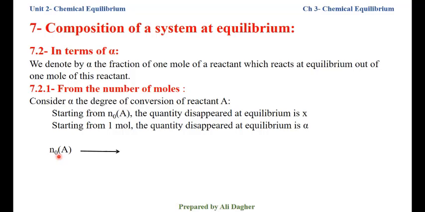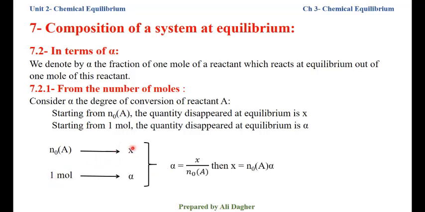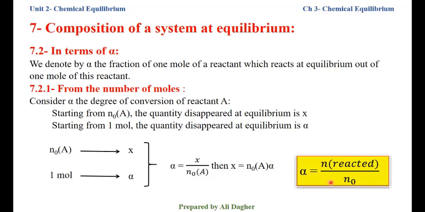Starting from N0, the quantity disappeared is X. Starting from 1 mole, the quantity disappeared is alpha. Therefore, alpha equals 1 times X over N0, that means X over N0A, and X equals N0A times alpha. Therefore, alpha by definition is the number of moles reacted of a reactant over the initial number of moles of this reactant.